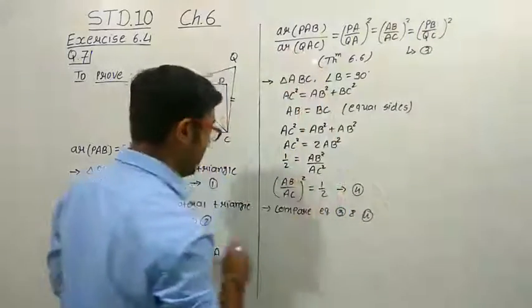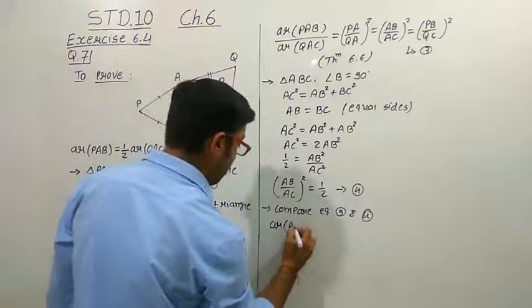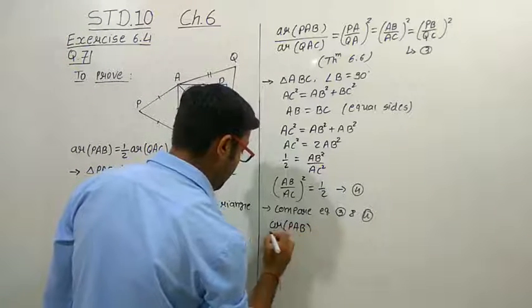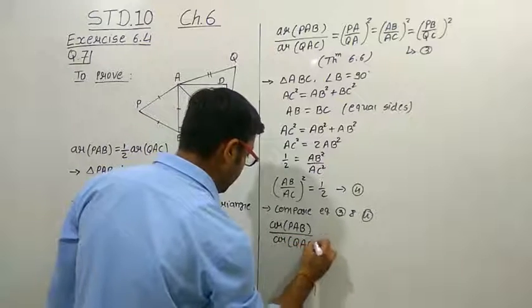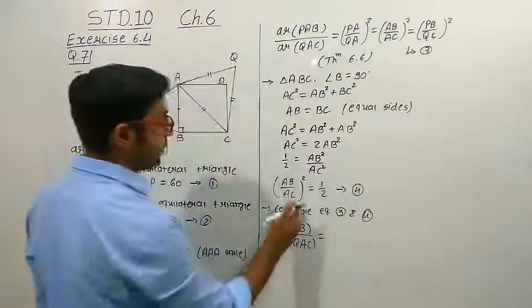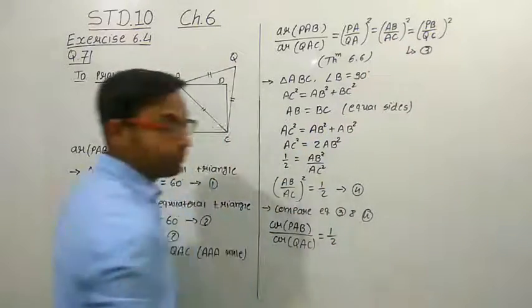So on the left hand side we have area of PAB upon area of QAC, and that will be equal to 1/2, right?